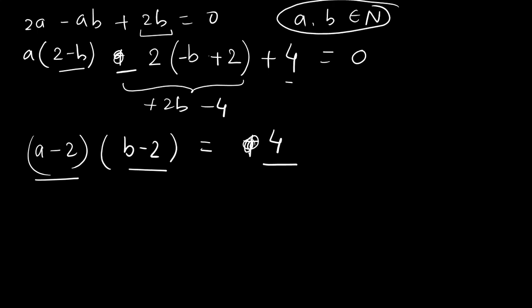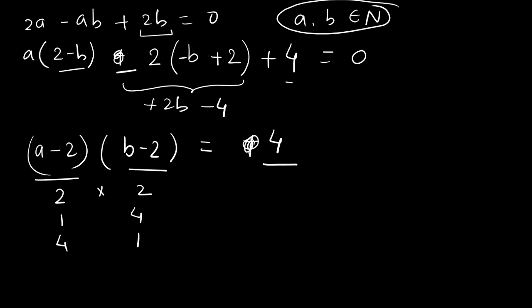So a minus 2 is some integer, b minus 2 is also some integer, and this can be broken as 2 multiplied by 2 gives 4, 1 multiplied by 4 gives 4, 4 multiplied by 1 gives 4.